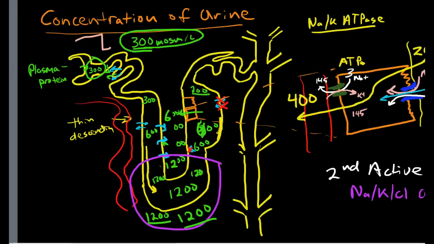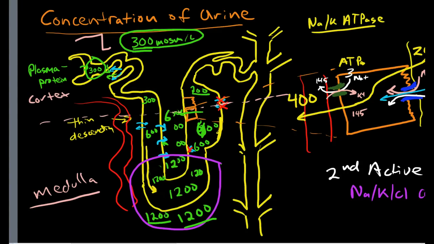Now we are down here in the medulla, right? The medulla is where the juxtamedullary loops of Henle sort of hang down into. So just to localize where you are in the gross anatomy of the kidney, we're down in the medulla, and this would be the cortex. Right?